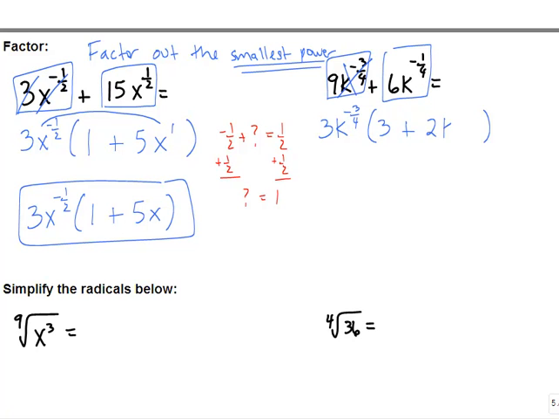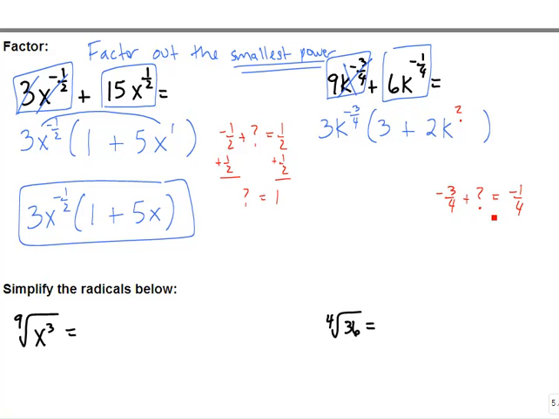So there should be some k's left. How many are left? Kind of think backwards here again. I'm going to put that question mark in there again. Whatever power you pulled out, plus the power that we need to have here, should add back to the original power of negative 1/4. So negative 3/4 plus what gets me back to negative 1/4.